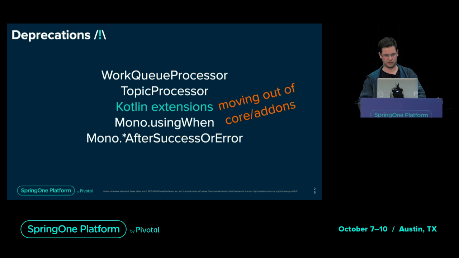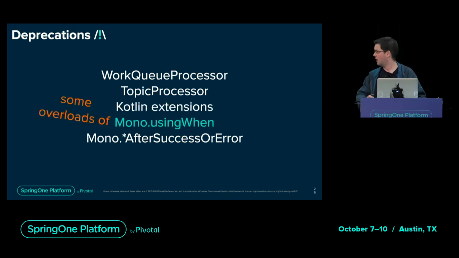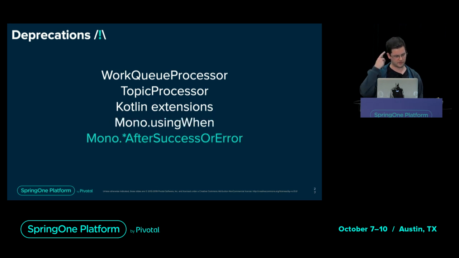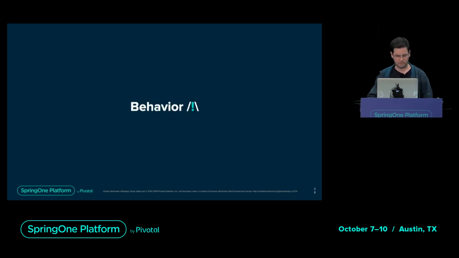That's the only difference. Some overloads of using when also were a bit problematic, so we've decided to deprecate them to be able to fix the API. And it's the same with mono after success or error. There is also one behavior change.